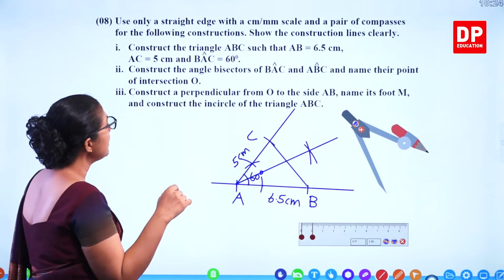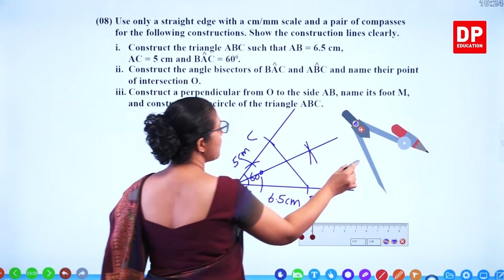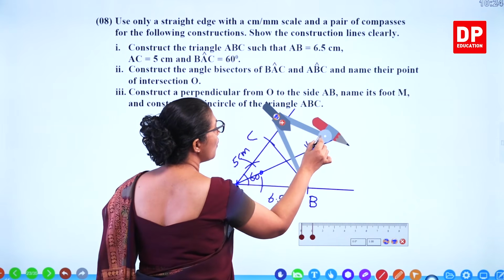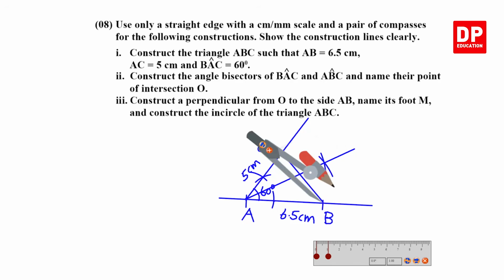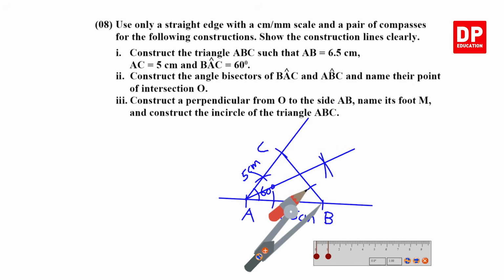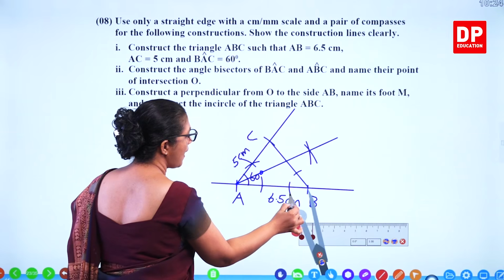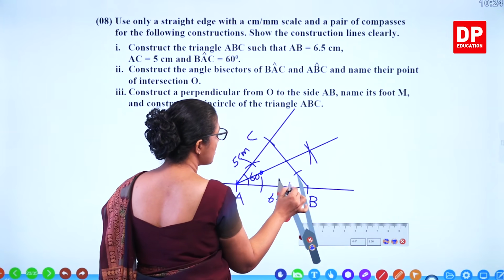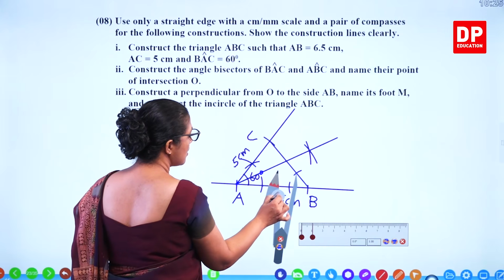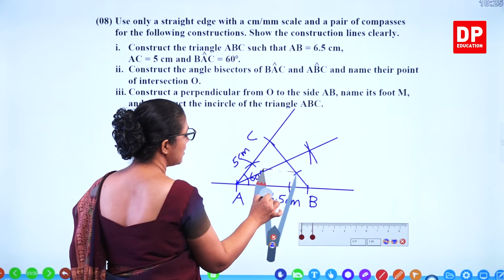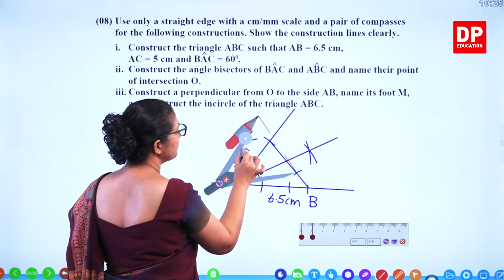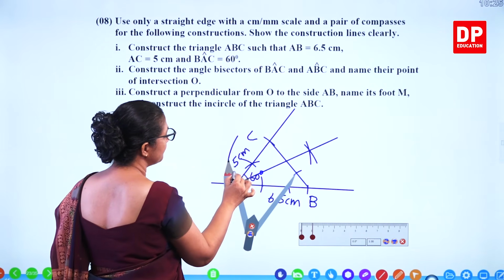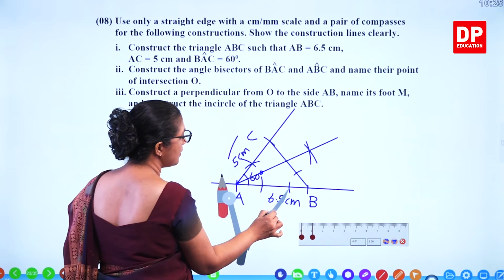Now we'll do angle B. You have to take any length from here. We'll take a smaller length and draw an arc here and here. Take a longer length, it's easy. Otherwise all arcs are inside the triangle. So we'll take a longer length and mark in the middle, here and here.